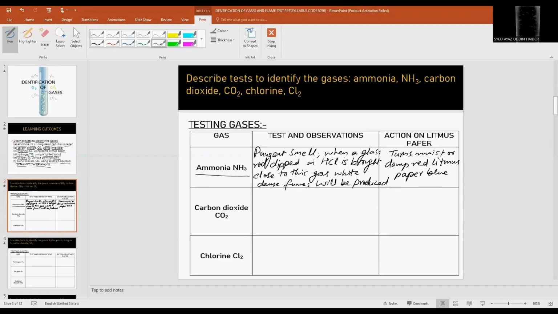Carbon dioxide. When bubbled through lime water, it turns the solution milky.